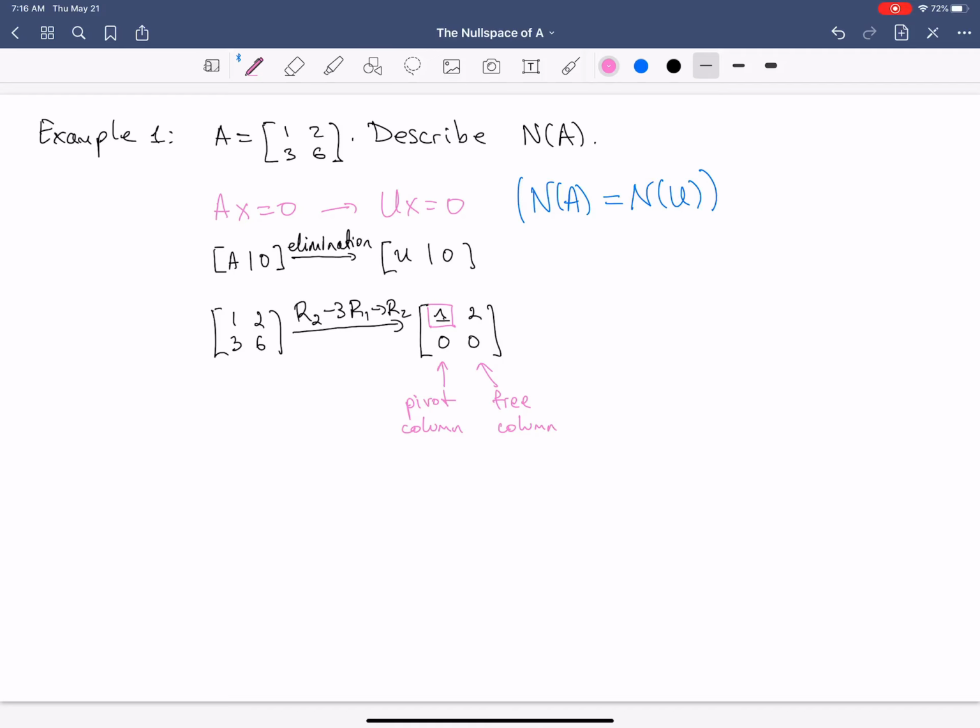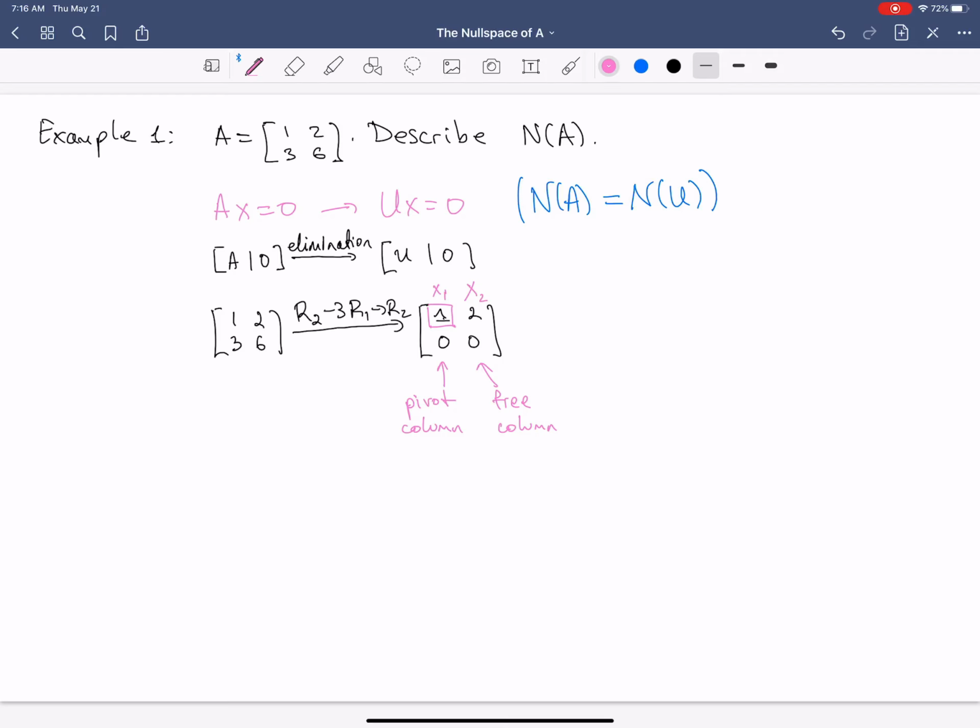You can think of the first column as coefficients for the first component of X, which is X1, and the second column as coefficients for the second component. If we were to write out the system, we have something like X1 plus 2X2 equals 0, and the second equation just gives us 0 equals 0. Which is not a contradiction. It makes sense, but it doesn't really give us any information to find X1 and X2.